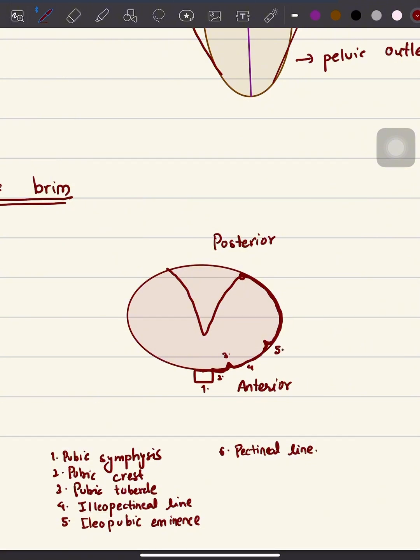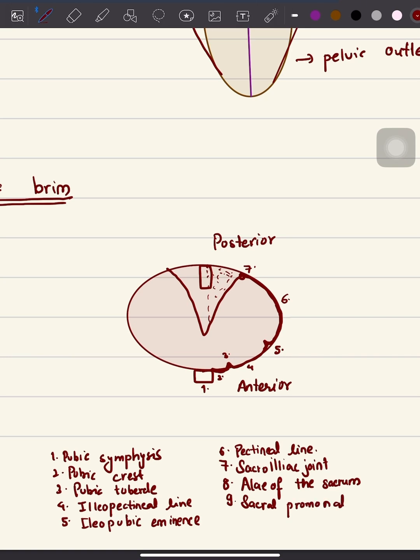This is 5 number, which is the iliopubic eminence. 6 number is the pectineal line. 7 number is the sacroiliac joint. This region is 8 number, the ala of the sacrum. And finally over here we have 9 number, the sacral promontory.